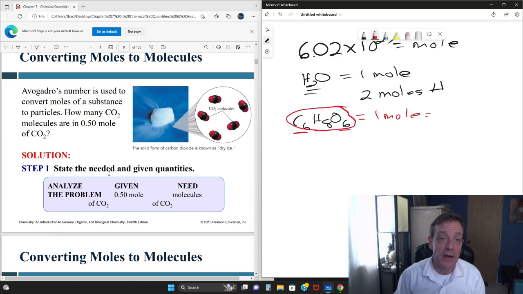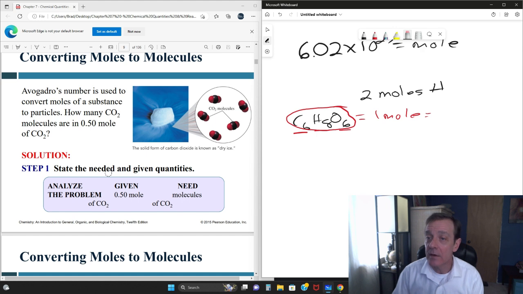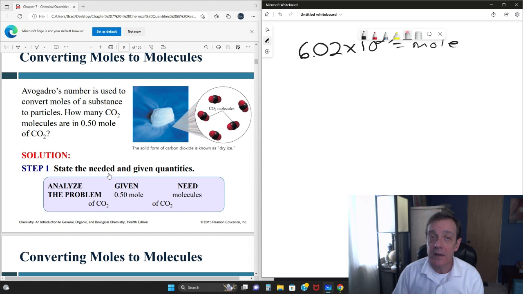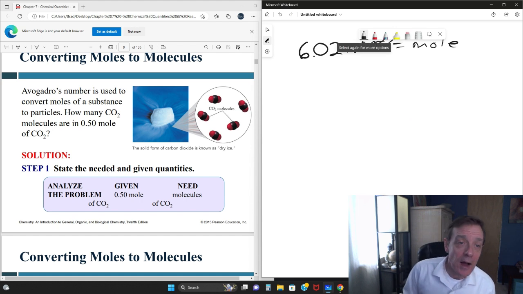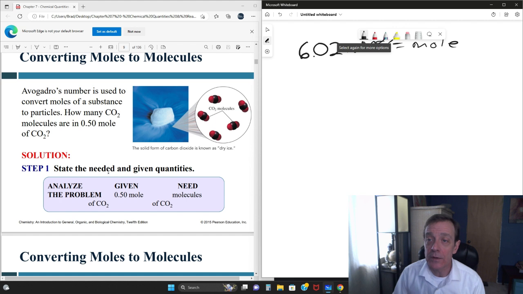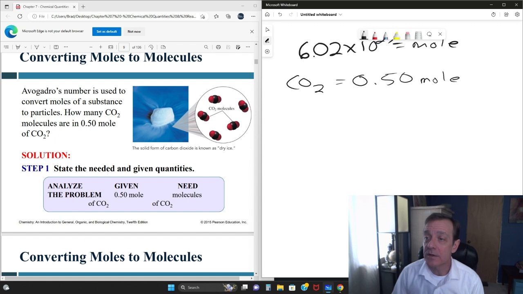And the question here, Avogadro's number: how many CO2 molecules are there in 1/2 of a mole of CO2?